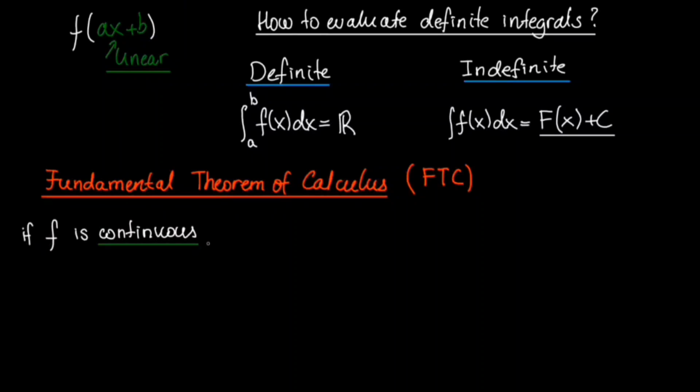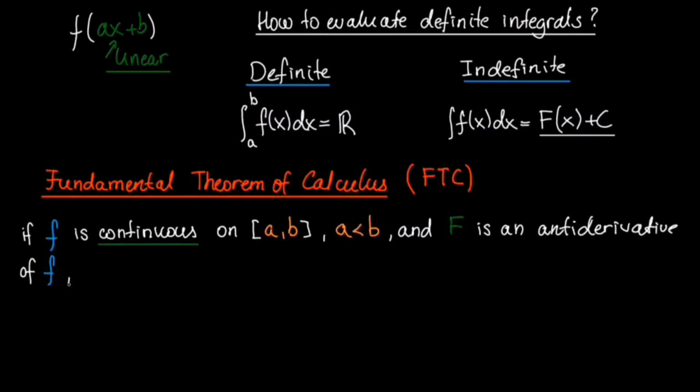on an interval from a to b, where a is less than b, and capital F is any antiderivative of your f function, then the result is the following. The integral is going to be from a to b.